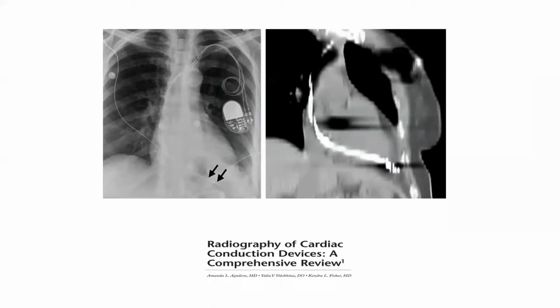Now, what is the problem here? This X-ray. Any guess? Perforation. Exactly, lead perforation. You see, the lead is in a kind of awkward position.